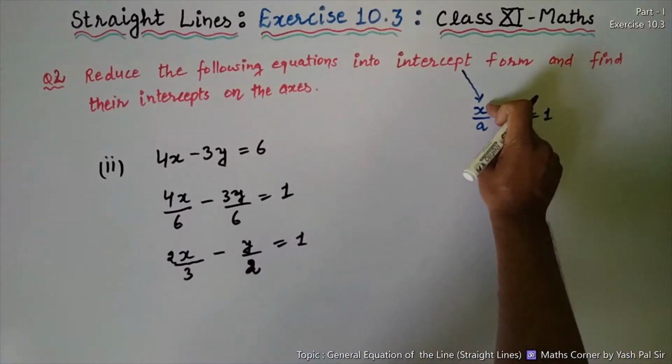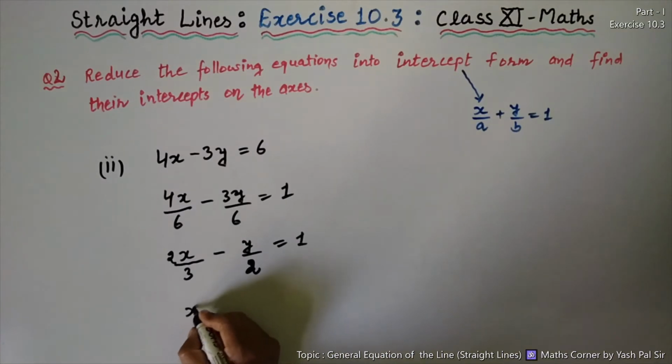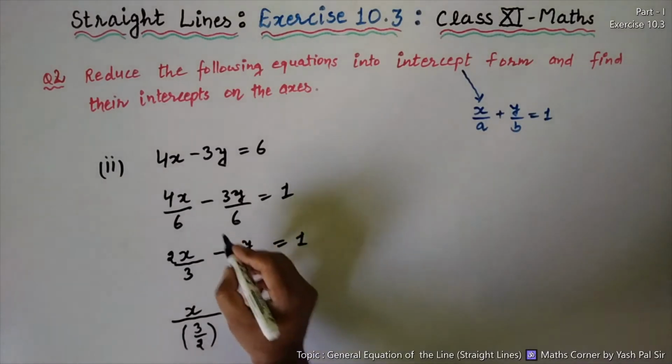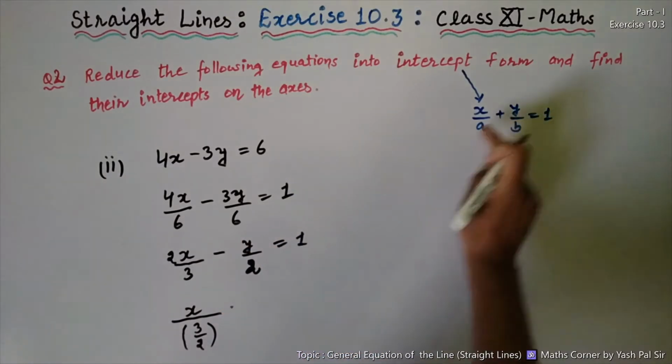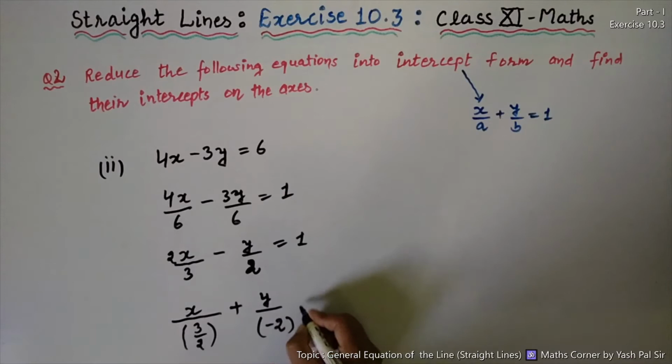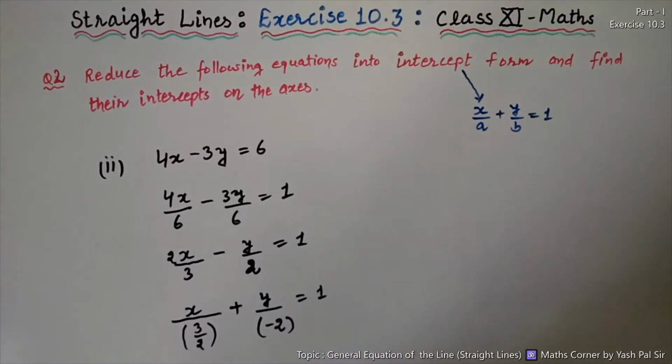Moreover, we can write this because we should have x upon a. So we can write this equation as x upon 3 upon 2, making this minus sign into plus sign, we can write this as y upon minus 2 is equal to 1.